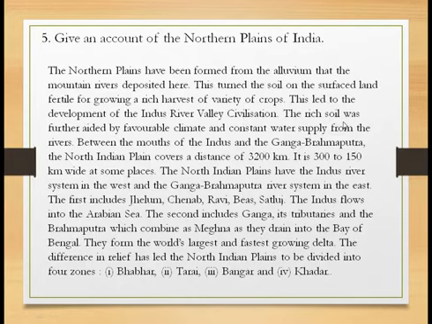The rich soil was further added to by the favorable climate and constant water supply from the rivers. Between the mouth of the Indus and the Ganga-Brahmaputra, the northern plain covers a distance. So only mention the distance, that's 3,200 kilometers, and so on. Whatever data is given in the textbook, write only that.